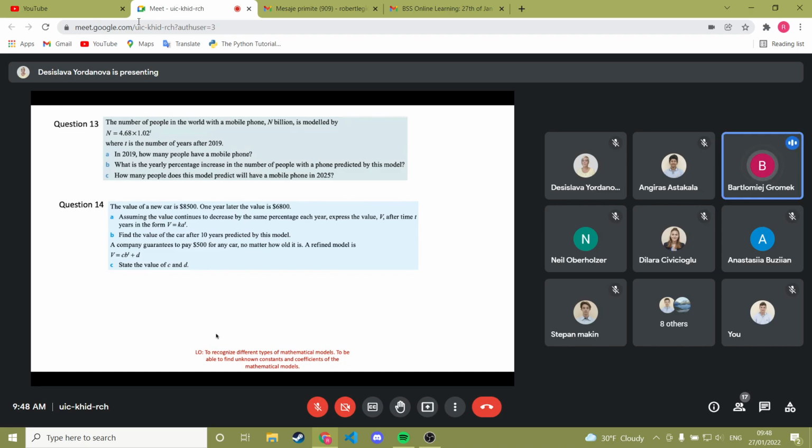The equation is going to be 8,500 times 0.8 to the power of t, and then it's going to be worth $912 after 10 years. 900, sorry, $900. My bad. $912. Okay. Then continue with the last part.